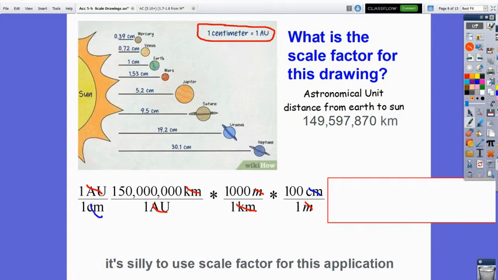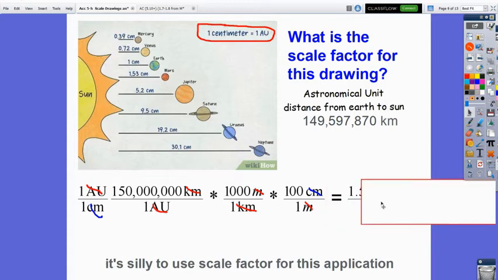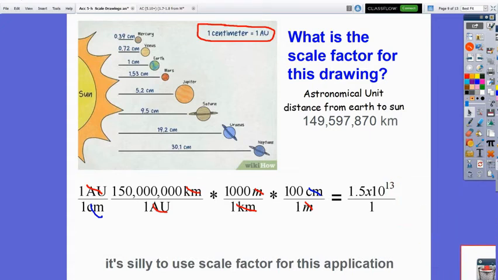So that gives me my scale factor. 150 million times 1,000 times 100. Well, that's going to be a 1 and a 5 and a bunch of zeros, so I'm going to do this in scientific notation. 1.5 times 10 to the 13th, to 1.